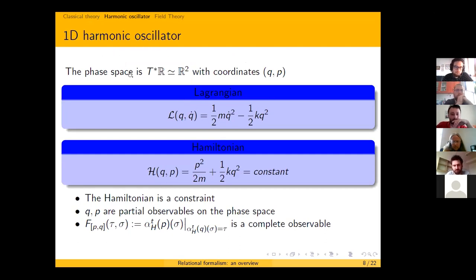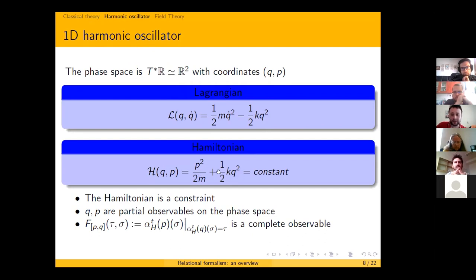Now this example is just simple, namely the one-dimensional harmonic oscillator. The phase space is isomorphic to R2, so these are global coordinates. The Lagrangian is given by this, with K the spring constant.